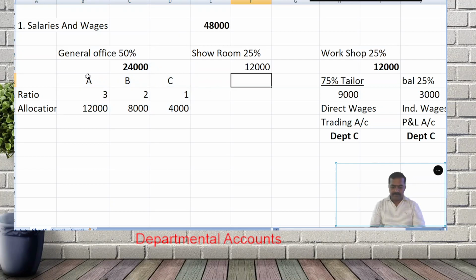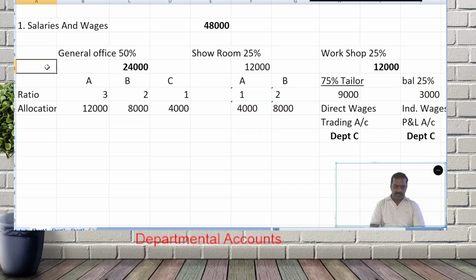ஷோரூம் என்ன சொல்லியிருக்கான்? ஷோரூம் share it between whom? A and B. A and B என்ன சொல்லியிருக்கான்? 1:2 ratio. So which means how much will come? 4,000 and what? 8,000.